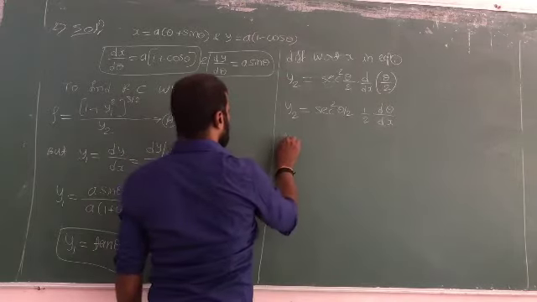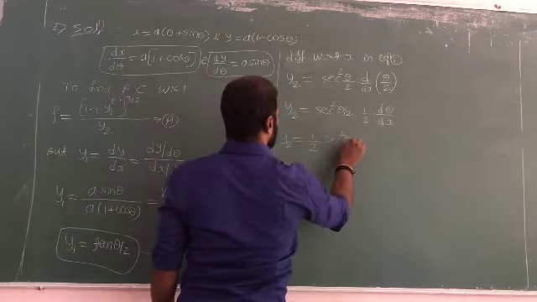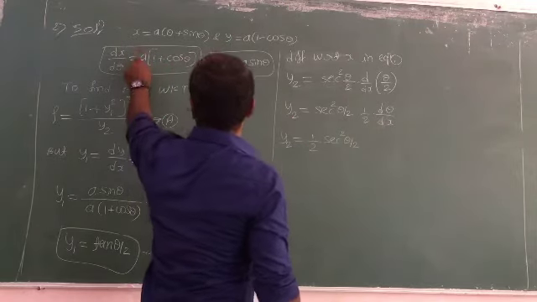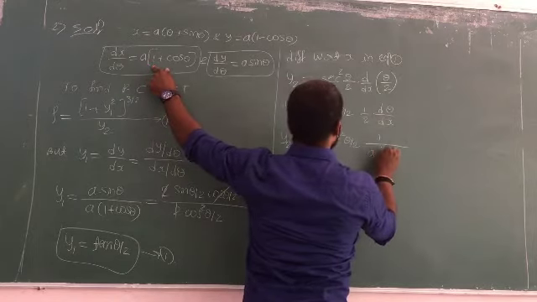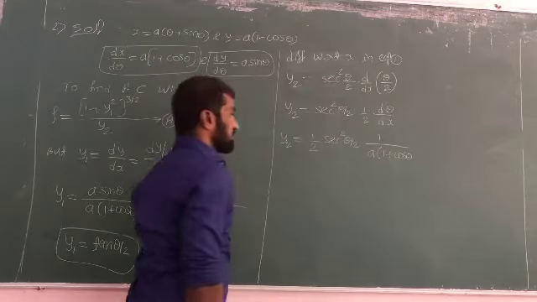So y2 is equal to 1 by 2 sec square theta by 2 into d theta by dx. If we reverse d theta by dx, what do we get? 1 divided by a into (1 plus cos theta). Exactly. Put that there.